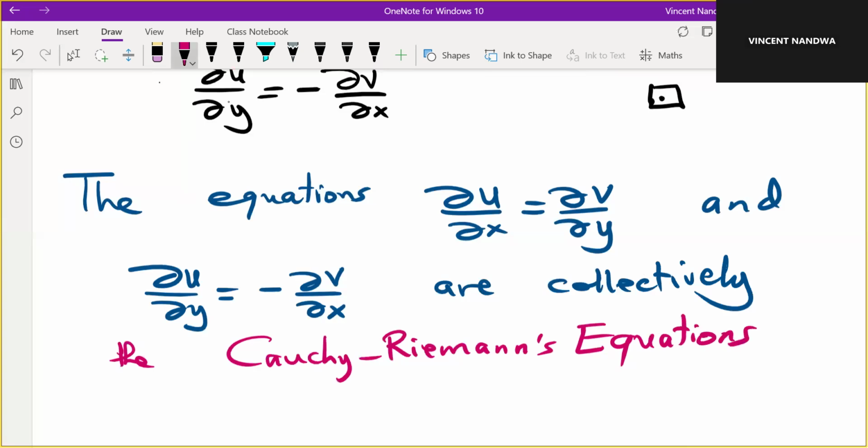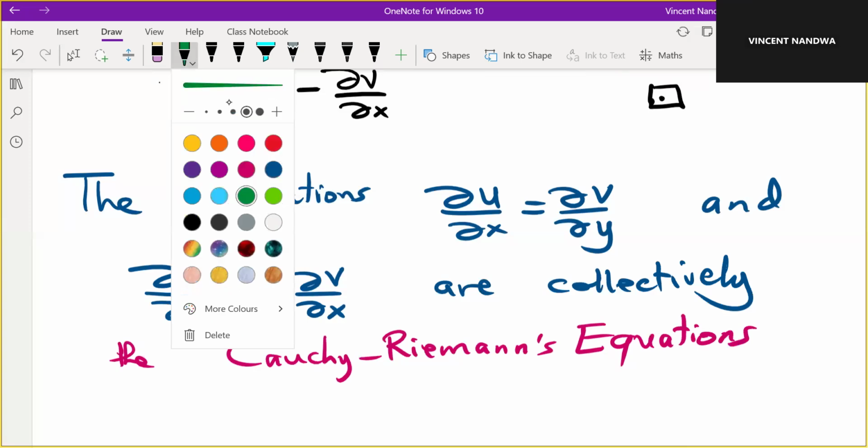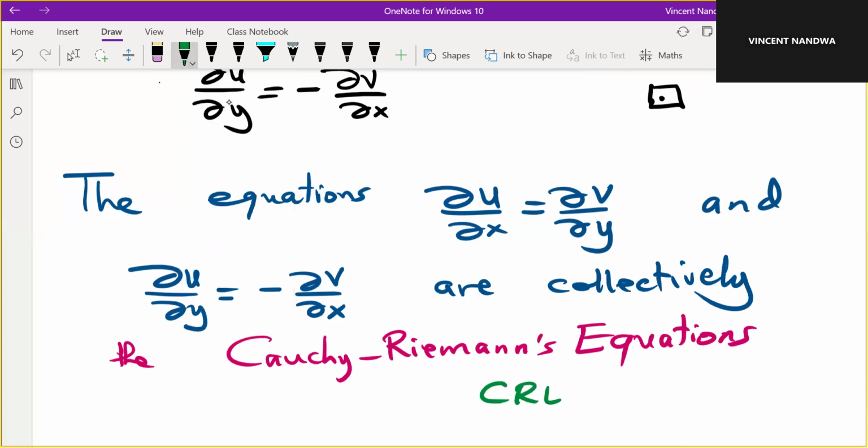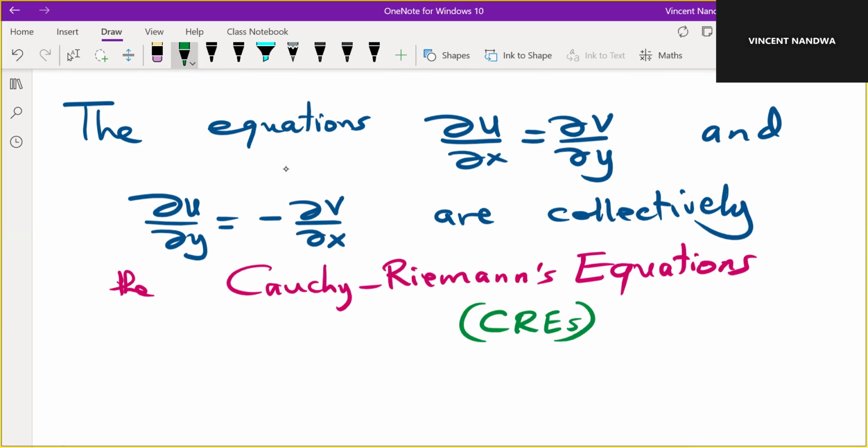What we normally abbreviate as CREs. So CRE means Cauchy-Riemann equations. If a function satisfies the Cauchy-Riemann equations, then such a function is called an analytic function.